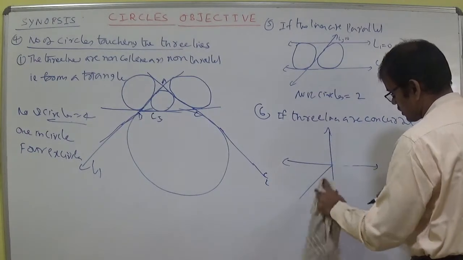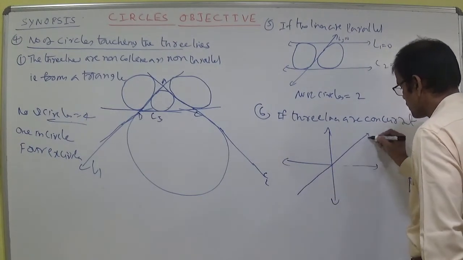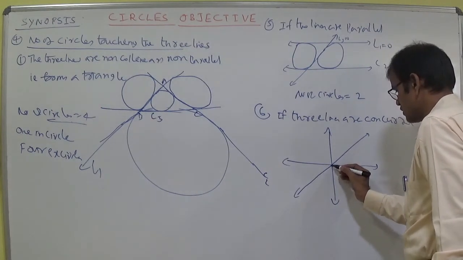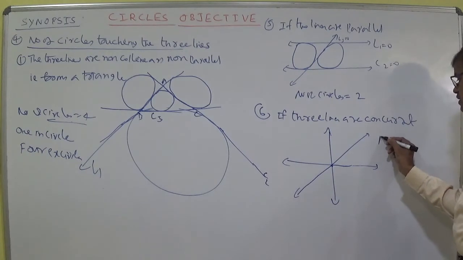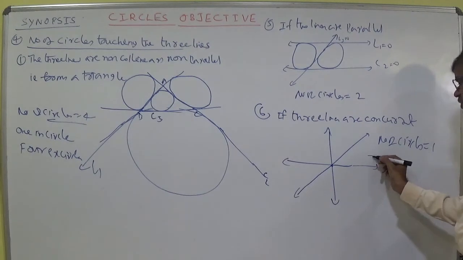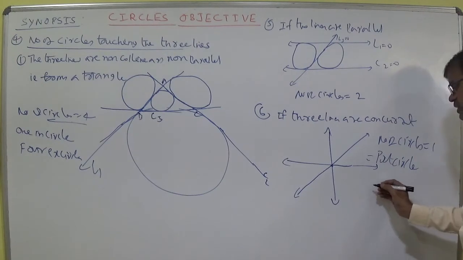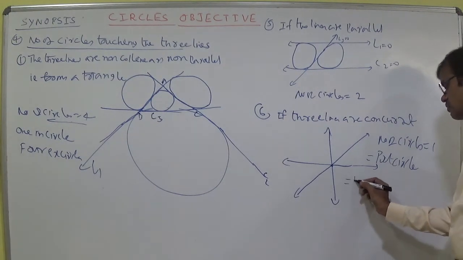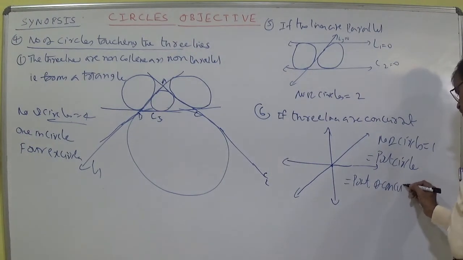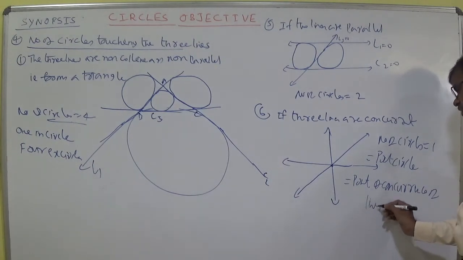Of course, the circle is nothing but a point circle. It is the point of concurrence. Put here a dot. The dot itself is the circle. Number of circles equal to 1. That is equal to the point circle, and that is equal to the point of concurrence of lines.